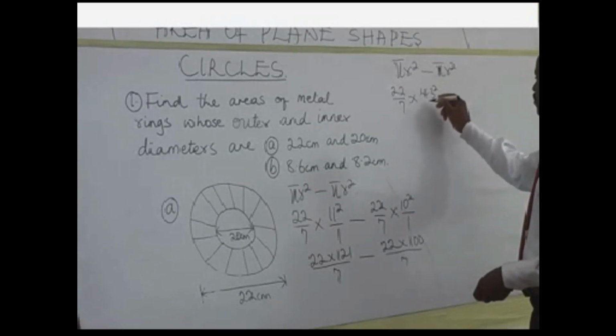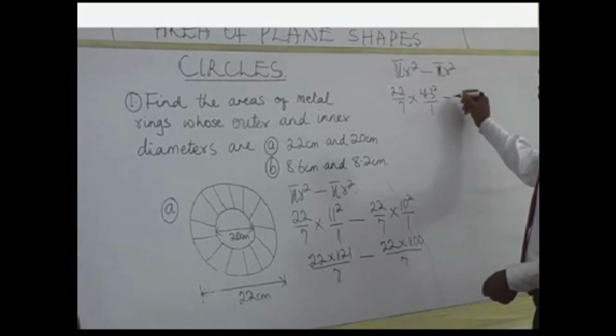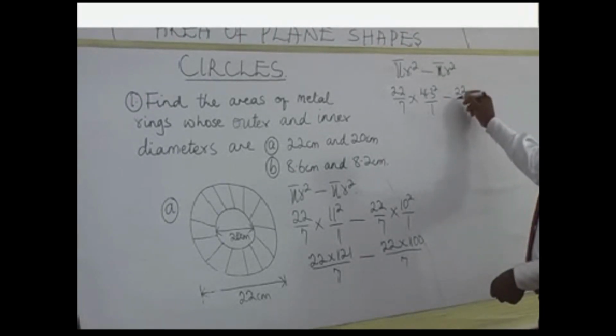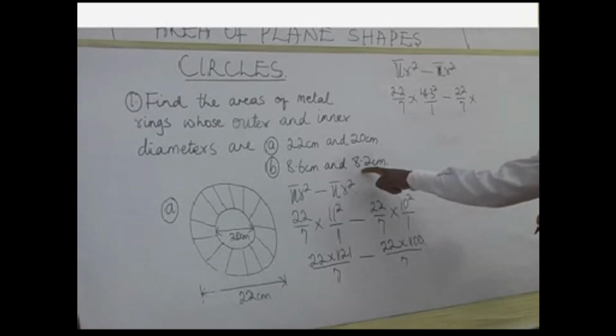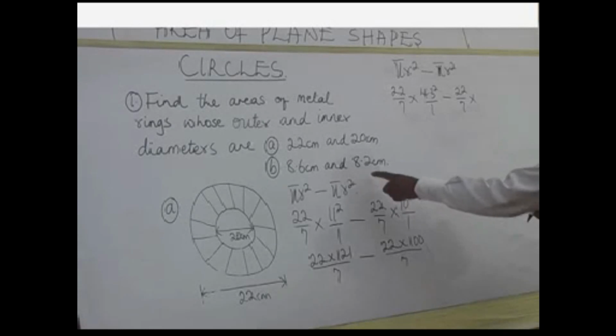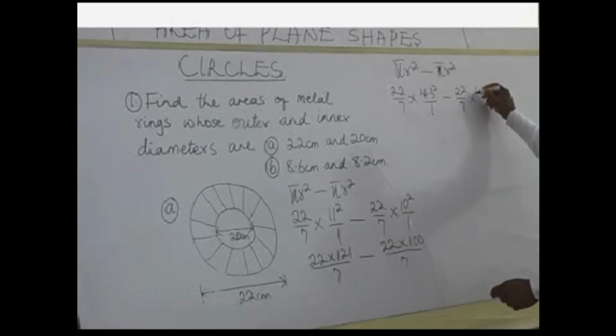So we have 4.3 squared all over 1 minus 22 all over 7 times half of 8.2, which is 4.1. So we have 4.1 squared all over 1.